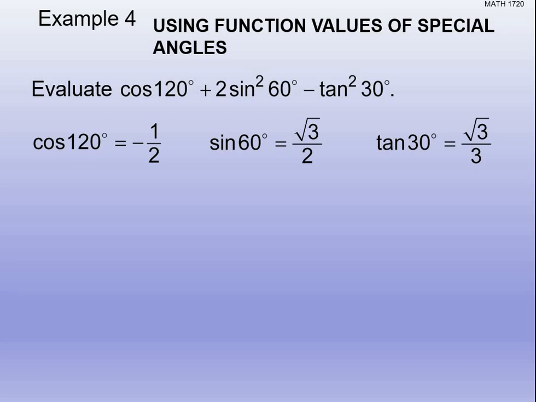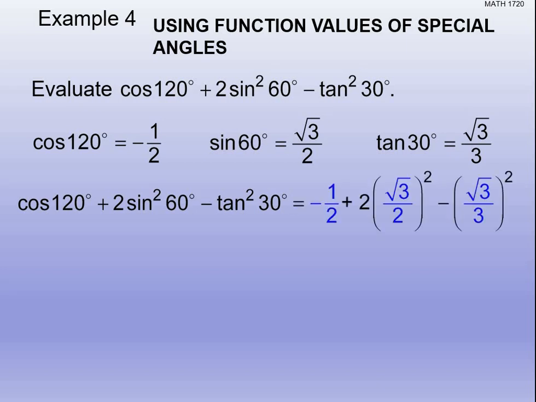Alright, so cosine of 120, so we're going to have negative 1/2 plus 2 times, remember that's sine squared, so we have to be careful there, and tangent squared. It means we're going to actually square the square root of 3 over 2 and the square root of 3 over 3 because they both have a squared associated with them. So we're going to substitute in the known values or ratios that we just calculated.